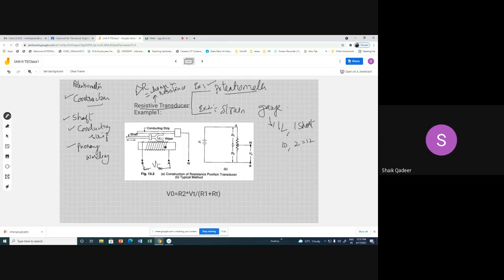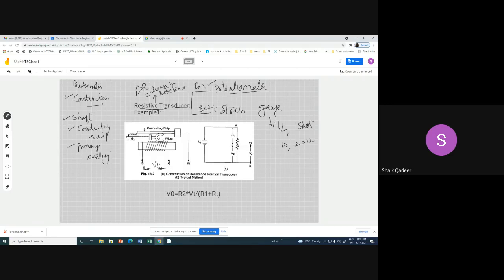Then what happens is, this is actually the resistance to which this shaft is making contact. So this shaft is freely movable. It can push in or it can pull out. The displacement of this shaft we actually want to measure with the help of this particular setup.